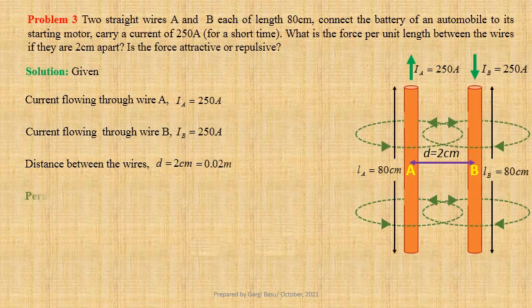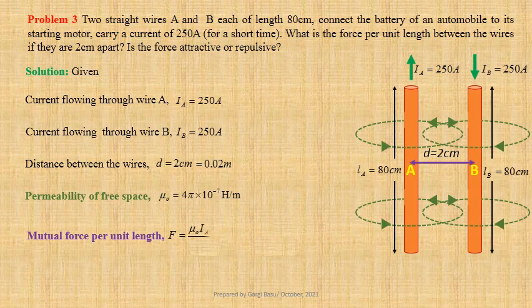Value of permeability of free space or air, mu 0 equals 4 pi into 10 to the power minus 7 Henry per meter. Expression for mutual force per unit length: F equals mu 0 times Ia into Ib divided by 2 pi times D.